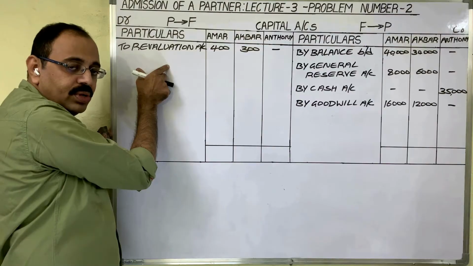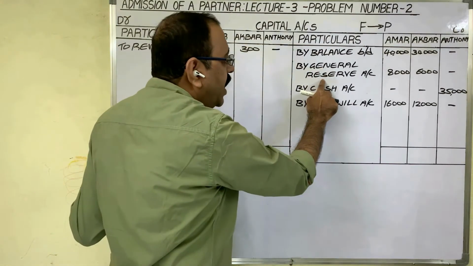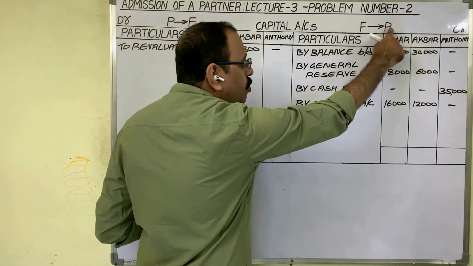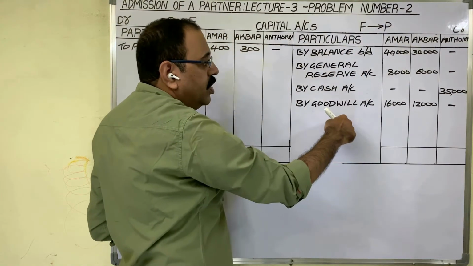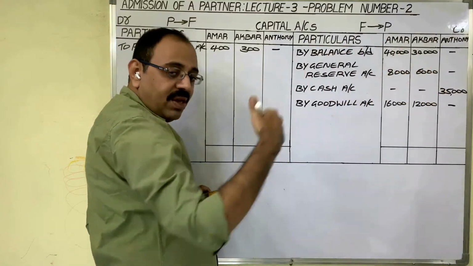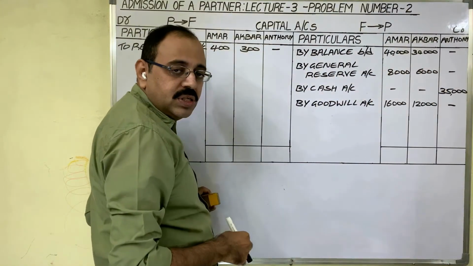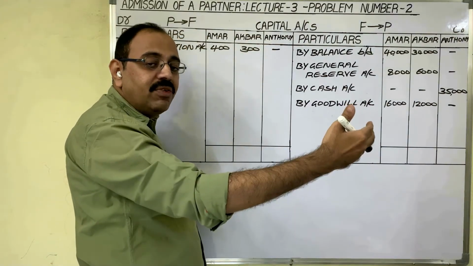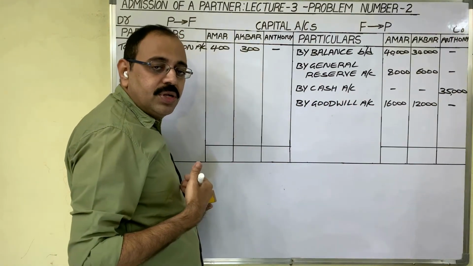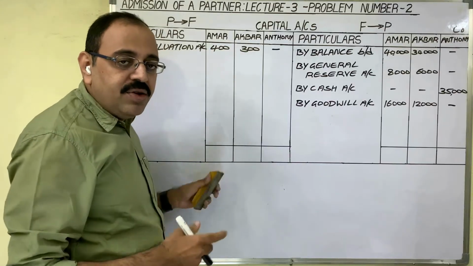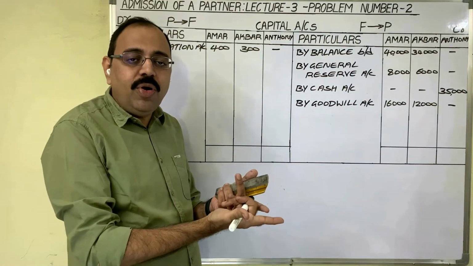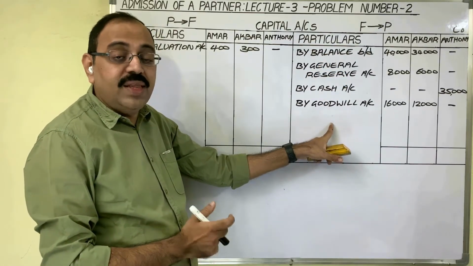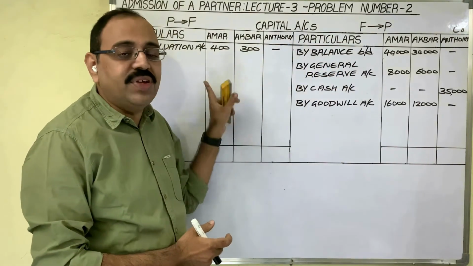Similarly, on the credit side, we should show the amounts which the firm has to return to the partner, because the partner is a giver for all these amounts. When the partner is continuing in the business, the partner has given all these amounts to the firm. If the partner is retiring, the firm should return these amounts to him now. So all those amounts appear on the credit side. In that manner also we can post these transactions.